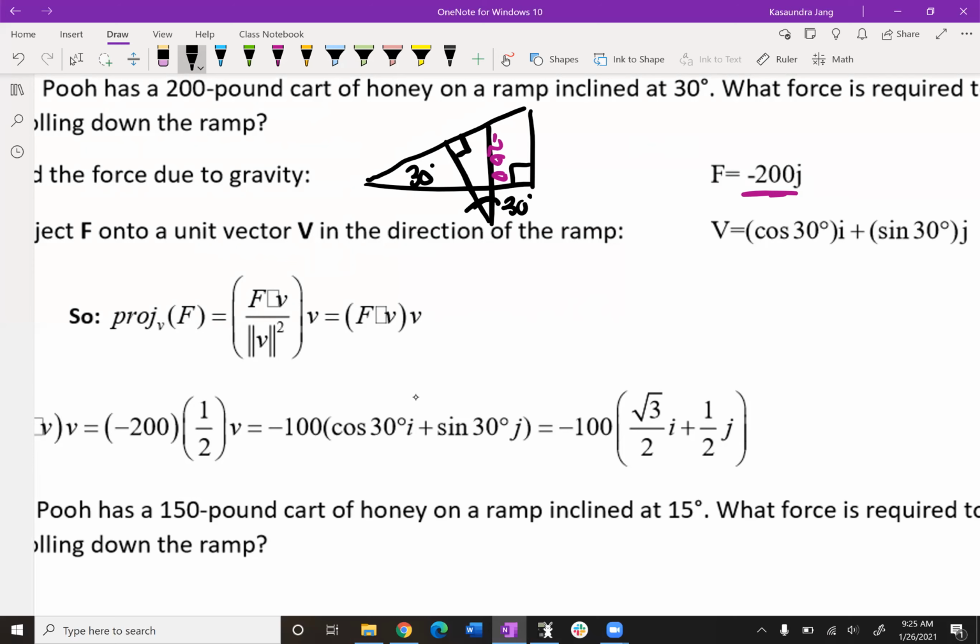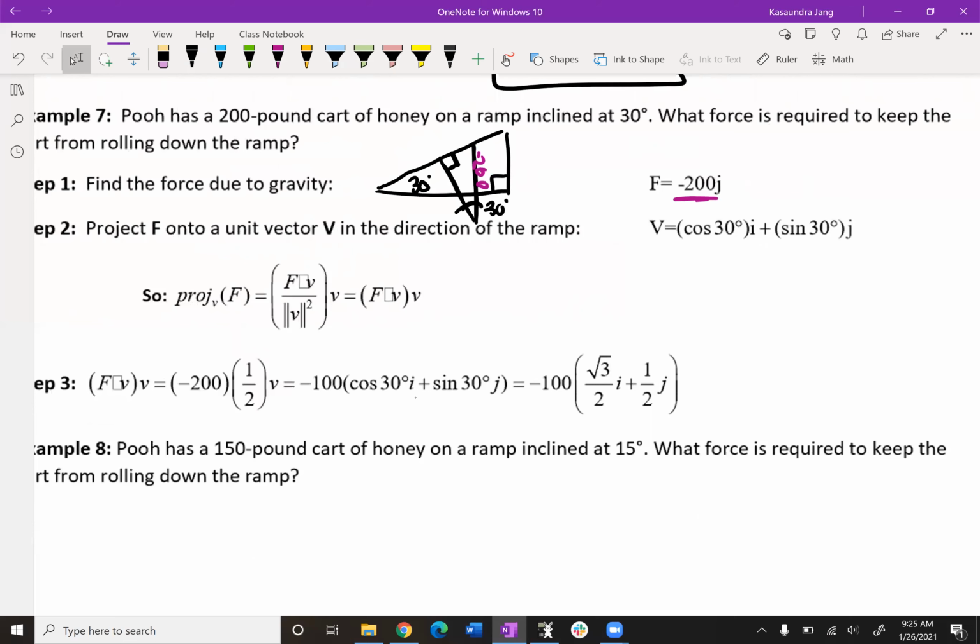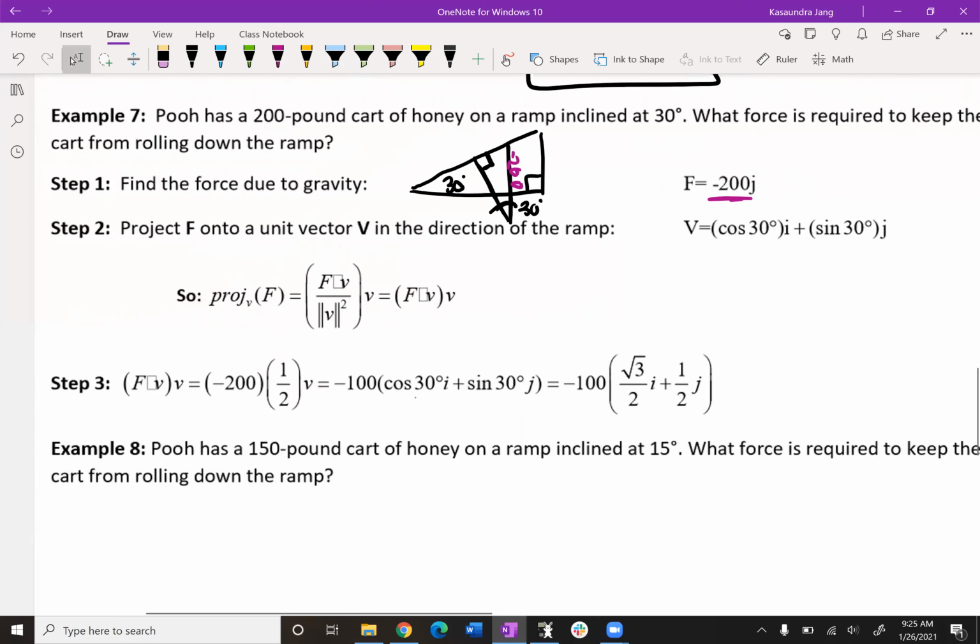It says, what force is required to keep the cart from rolling down the ramp? So here's my ramp. Rolling down the ramp would be this side right here.